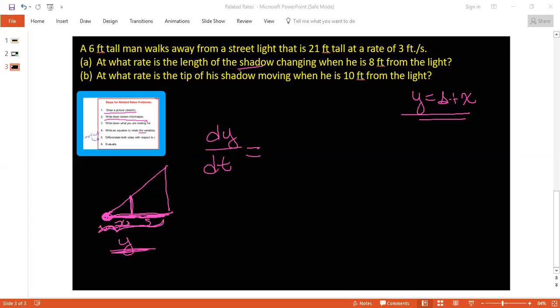I'm just going to go ahead and take the derivative of the whole thing. That's going to be the derivative of s with respect to time plus the derivative of x with respect to time. That's just the addition property when you differentiate.